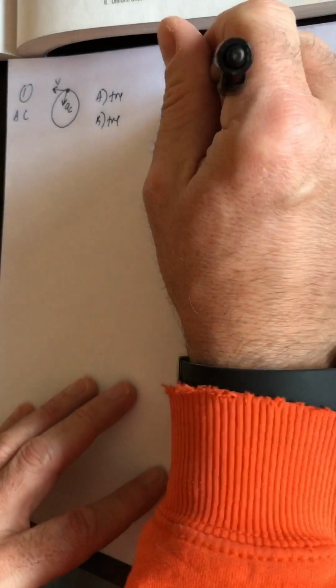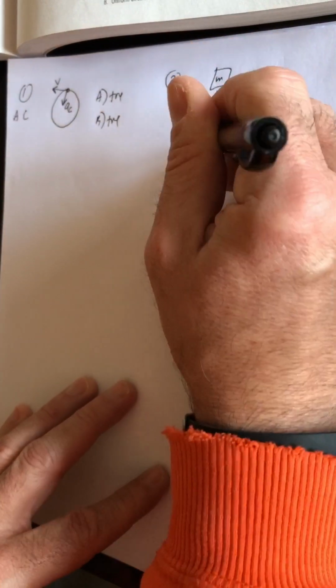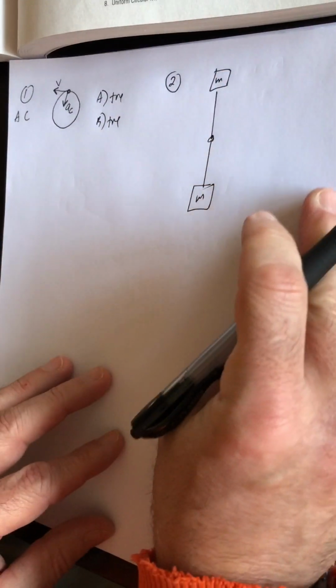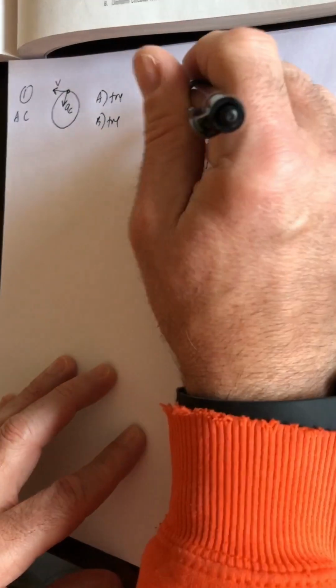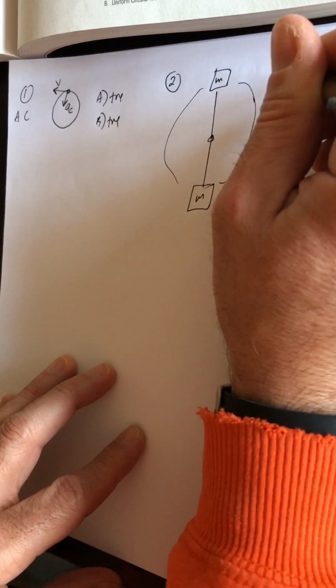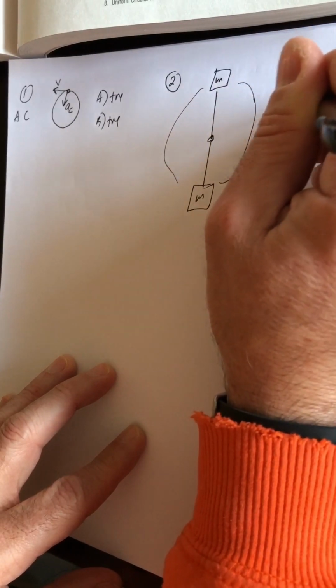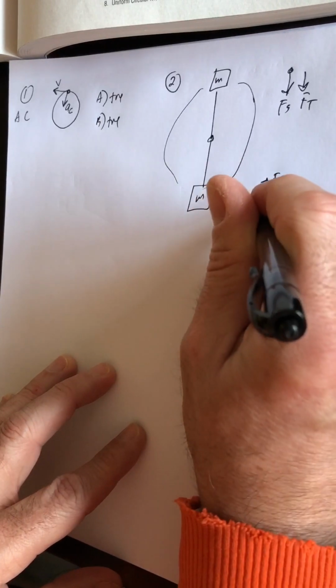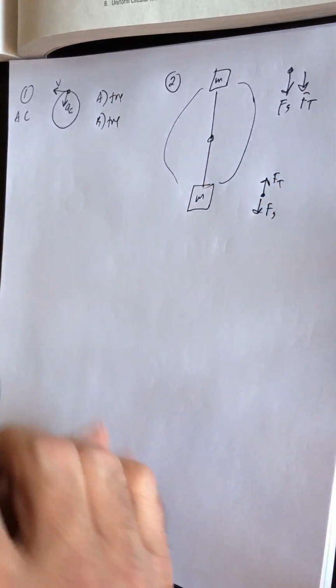In number two, I've got this bucket that's at the top, and it's also at the bottom, and it's going around in a circle. So at the top, gravity and tension are in the same direction. At the bottom, tension goes up and gravity goes down.